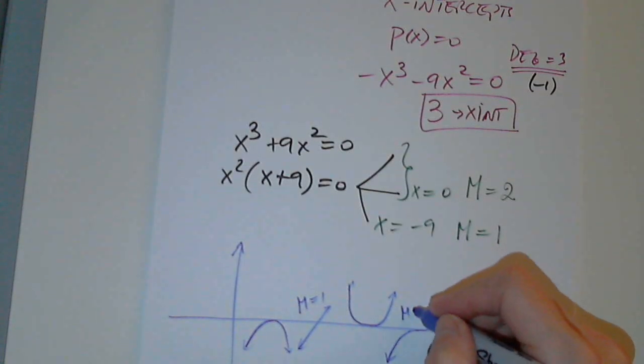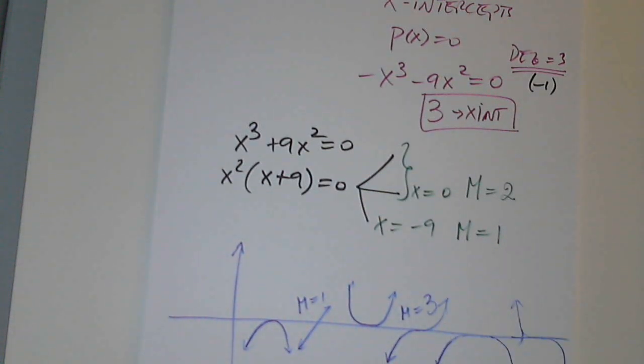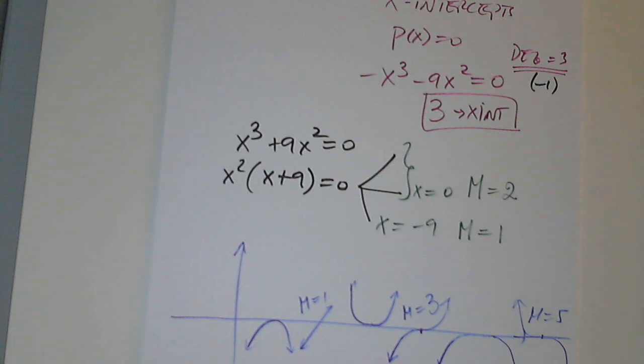This solution will appear 3 times. That's why multiplicity 3. And this solution here, although it's just 1, appears 5 times. So every time a function crosses the x-axis, it may cross in different ways. Fast, slow, slower, depending on multiplicity of that particular solution.